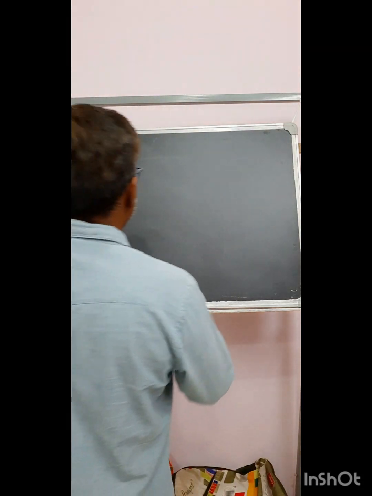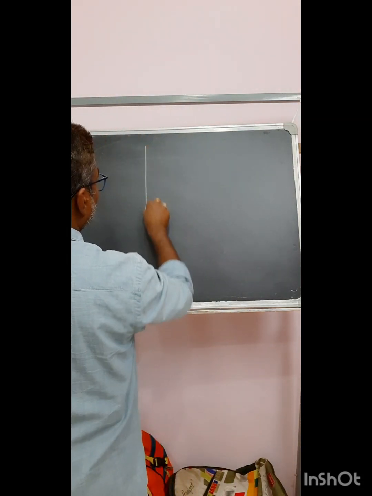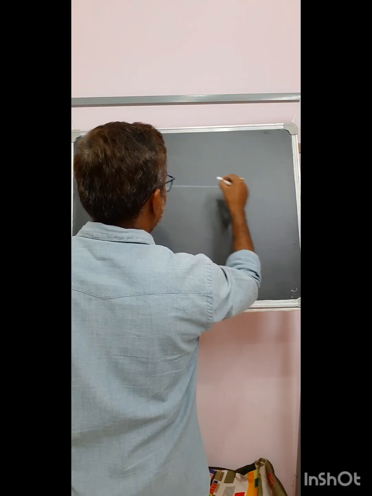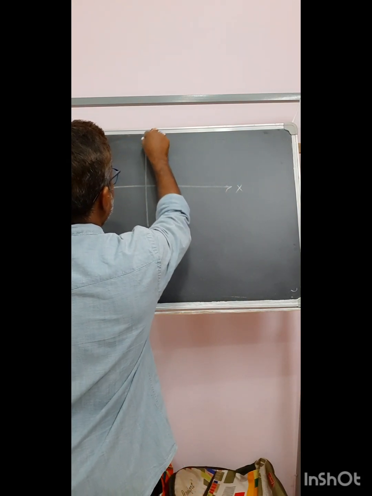Now the second part is that if the vertices of any triangle are given in the form of coordinates, what would be the standard area formula for that triangle. Now let's understand that one. Let's say this is the coordinate system, this is x and this denotes y.